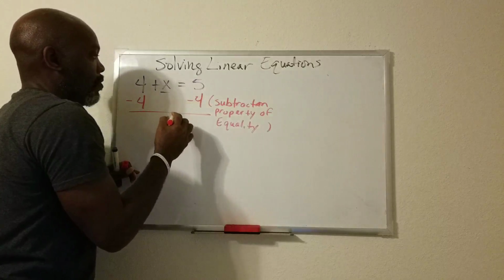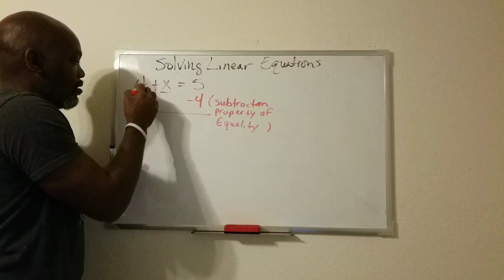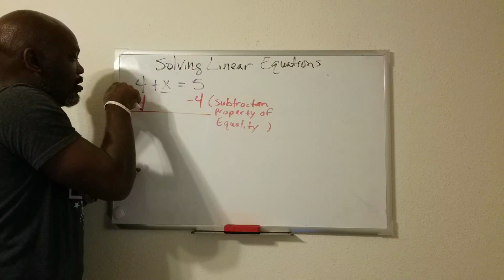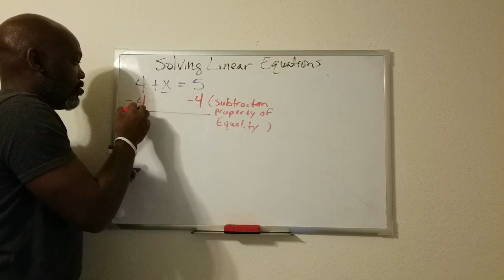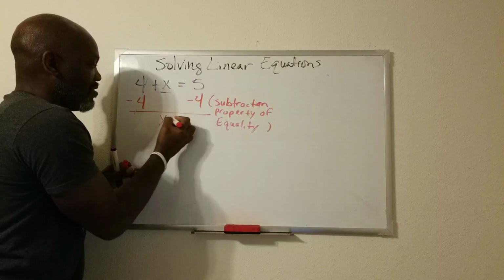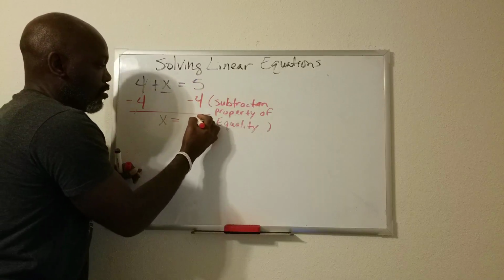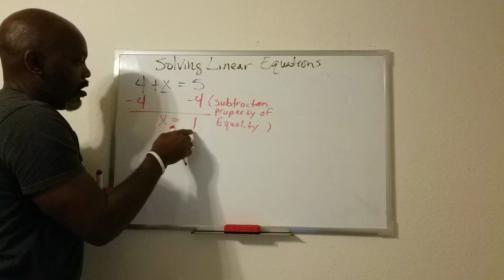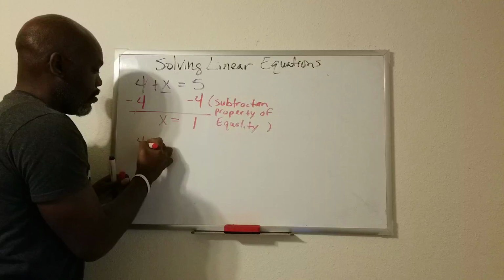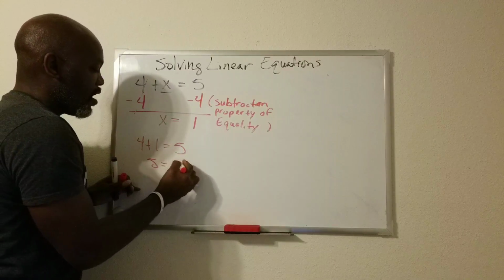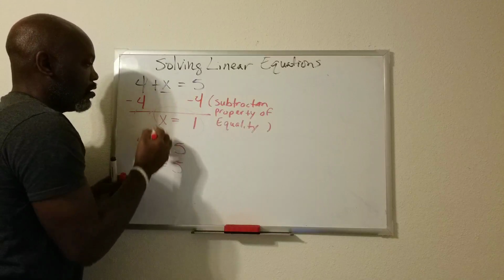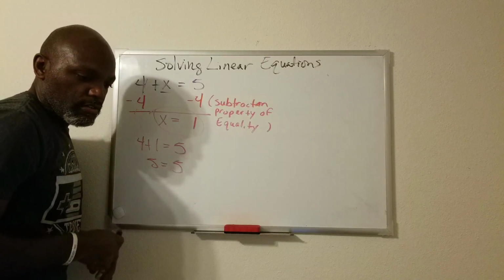We subtracted 4 from both sides. Why? Because we're doing the opposite of what's there. We're going to make this 0. So now we're left with x equals 5 minus 4, which is 1. And we can always check it by saying 4 plus 1 equals 5. 4 plus 1 is 5. 5 equals 5. So therefore, this is correct.